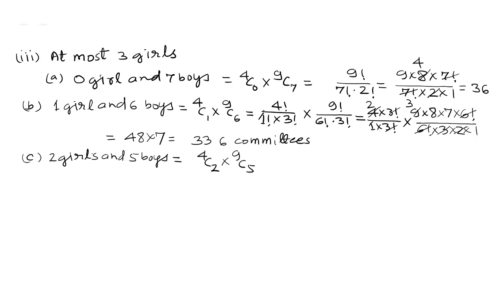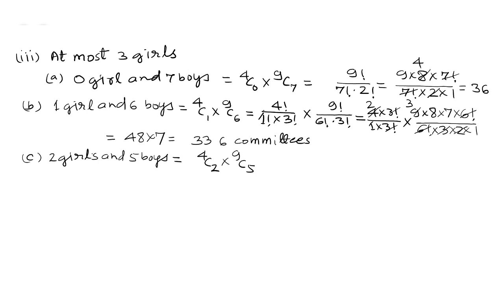Part C, 2 girls and 5 boys can be selected in 4C2 multiplied by 9C5 ways. 2 girls can be selected from 4 girls in 4C2 ways, multiplied by 5 boys can be selected from 9 boys in 9C5 ways.